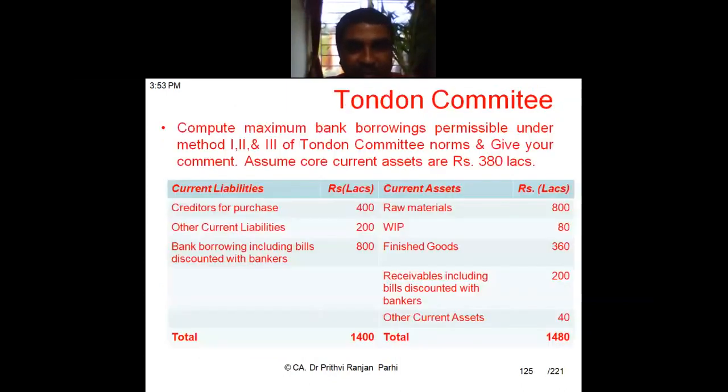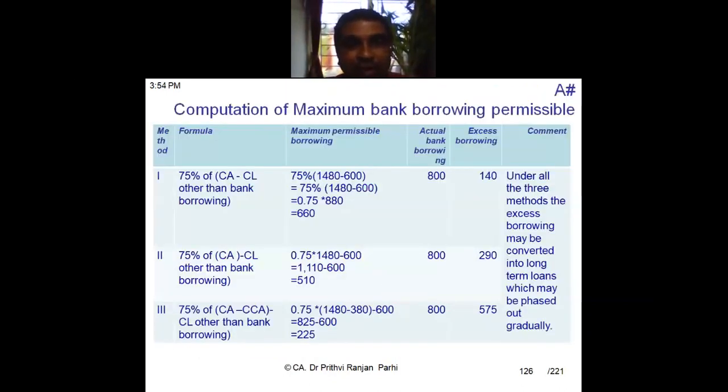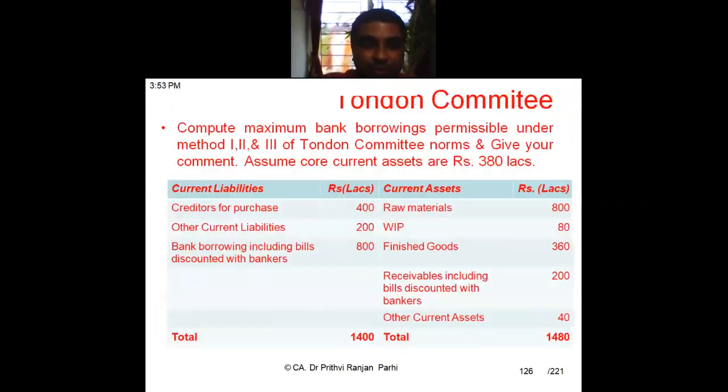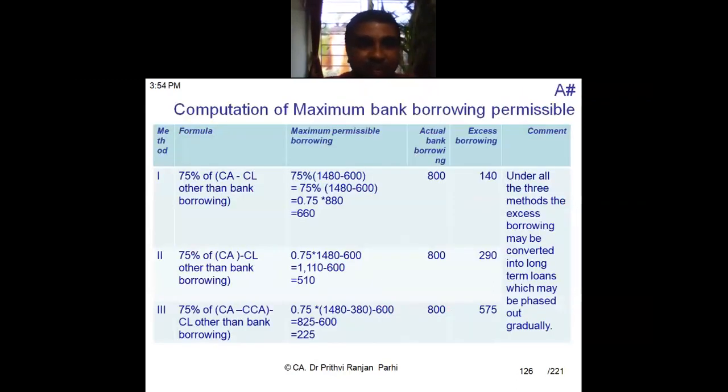On that basis, we have calculated. We have solved these questions also in the previous class. We calculated maximum permissible bank finance as 75% of this. Three questions we have solved. The first method gives 660, the second method 510, the third method 225.